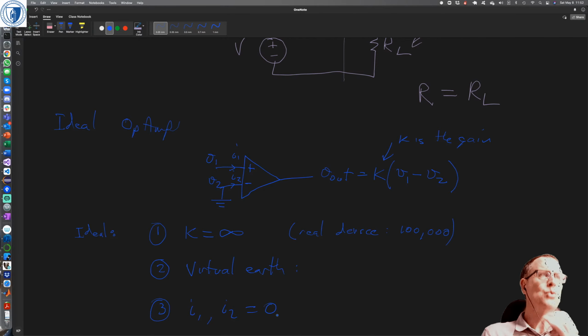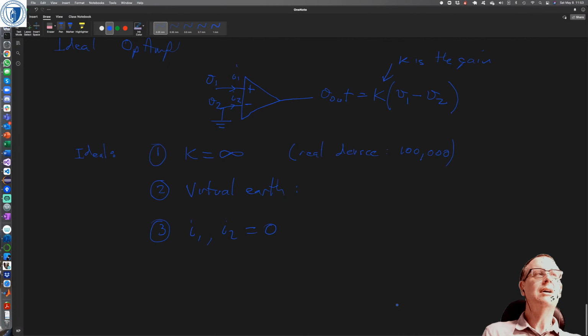Again, that's not true on a real device, but on a real device the input current is of the order of probably less than microamps, probably more like nanoamps, depending on the device. And because of those three things, we can do some rather funky stuff, right?